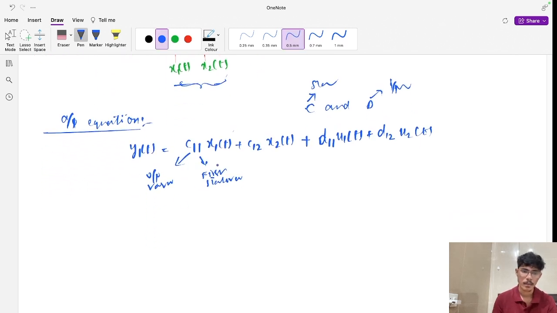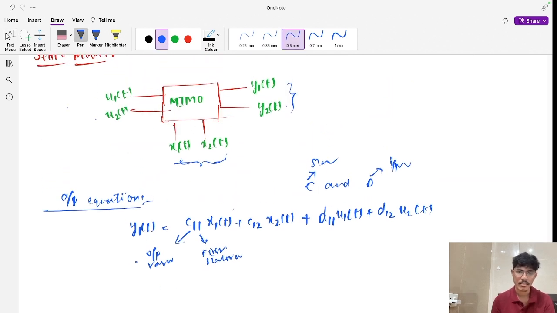In this case, we can write the second output equation: y2 of t equals c21 x1 of t plus c22 x2 of t plus d21 u1 of t plus d22 u2 of t.